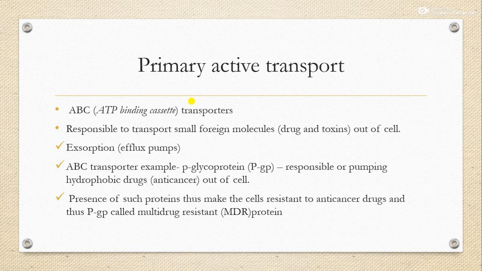The common example of an ABC transporter is P-glycoprotein. Now this protein is responsible for pumping hydrophobic drugs, especially anti-cancer drugs, out of the cell. And the presence of such proteins thus makes cells resistant to anti-cancer drugs, and therefore the P-glycoproteins are also called multi-drug resistant proteins.